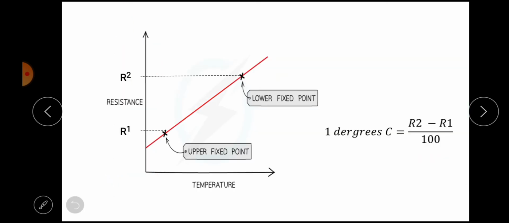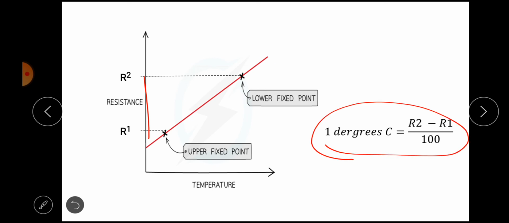All right. Also in thermocouples, we have resistance. So the upper fixed point, we mark it, and then we have the lower fixed point, we mark it. So we are going to divide this distance of resistance by 100, as I have shown here. 1 degree Celsius is equal to R2 minus R1 divided by 100. Suppose this was a resistance, I will just use any number.